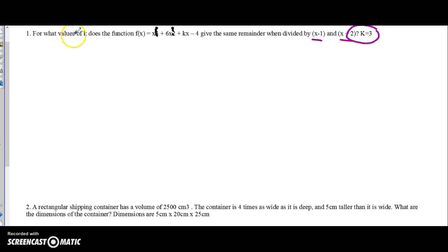I'm kind of cheating here, but what I want to do is find out when the remainders are the same. If the remainders are the same, to find the remainder of f when I divide by x minus 1, that's the same as asking what f at 1 is. So I get x cubed plus 6x squared plus kx minus 4.